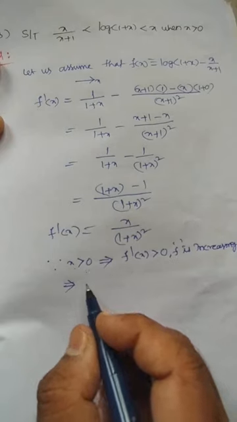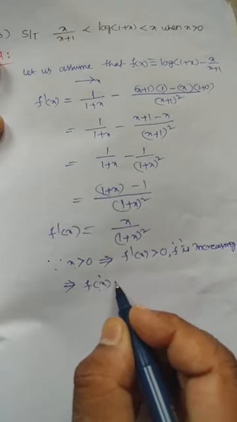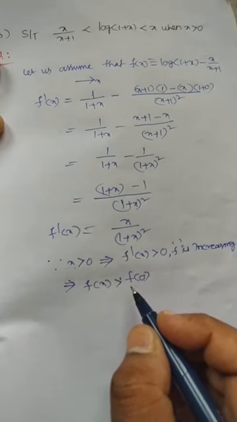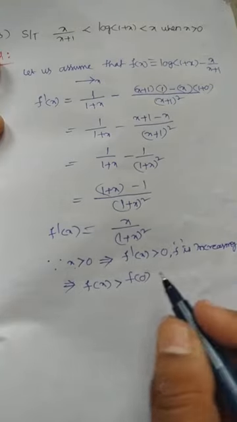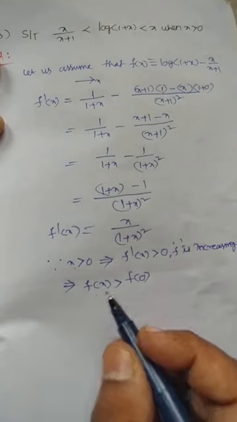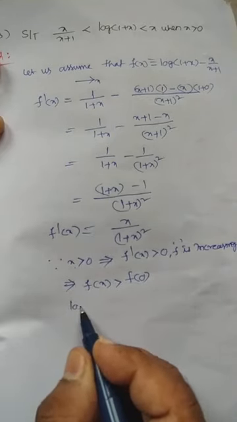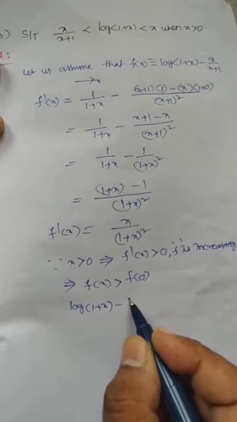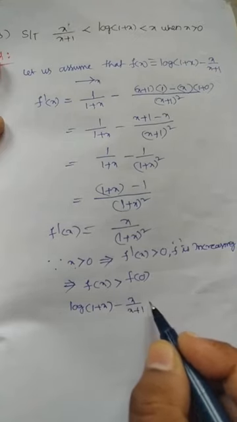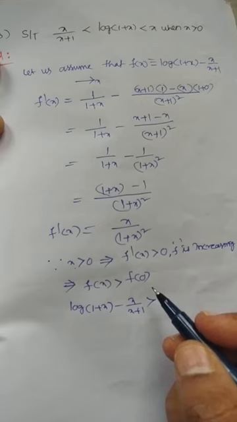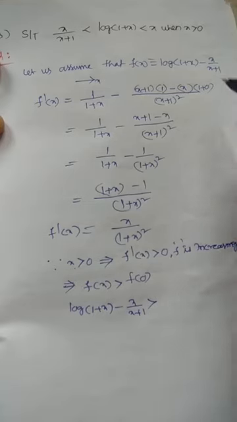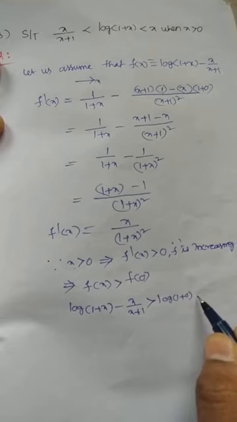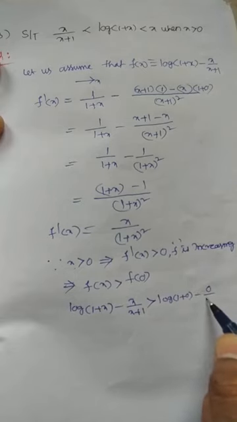Okay, that implies x greater than 0 means f of x must be greater than f of 0, from the definition of an increasing function. Okay, so what is our f of x? Log of 1 plus x minus x by x plus 1 is greater than f of 0. In place of x I will put 0: log of 1 plus 0 minus 0 by 0 plus 1.